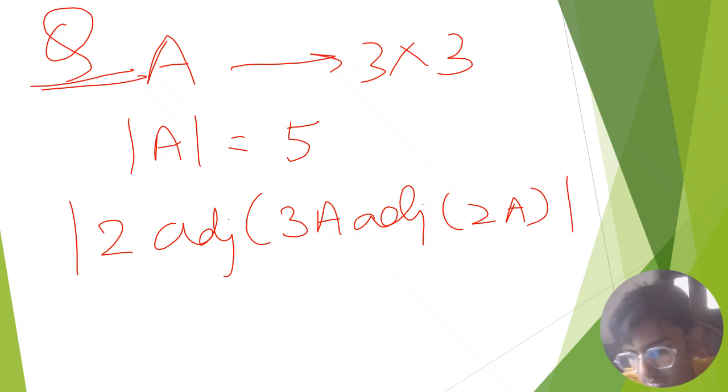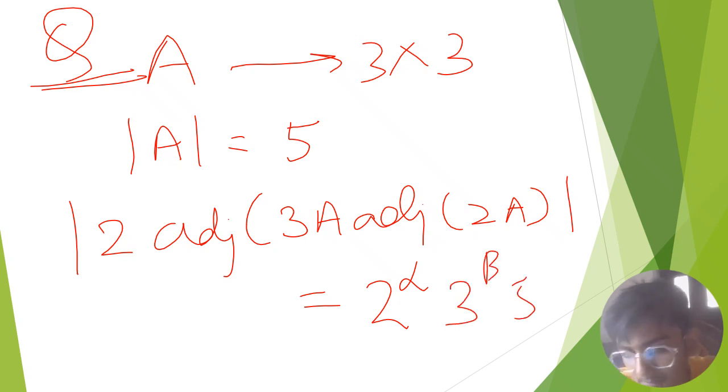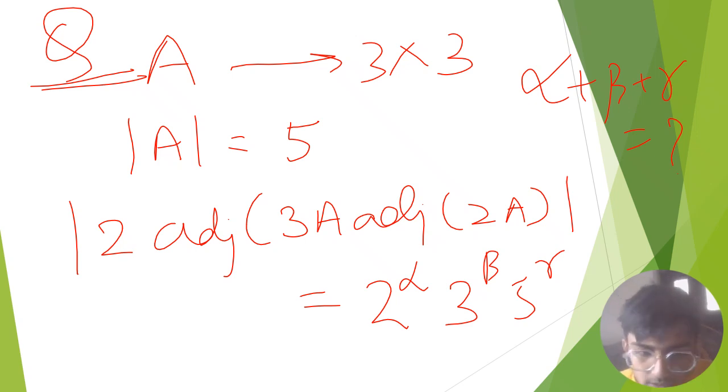You see this, and don't go by what I'm speaking, see what I'm writing, because in mathematics we have to see the symbols and the brackets also. It is given as 2 power alpha, 3 power beta, 5 power gamma, and we have to find the value of alpha plus beta plus gamma. So this is the question, and now we have to solve it. I am turning the slide and we'll solve it there.